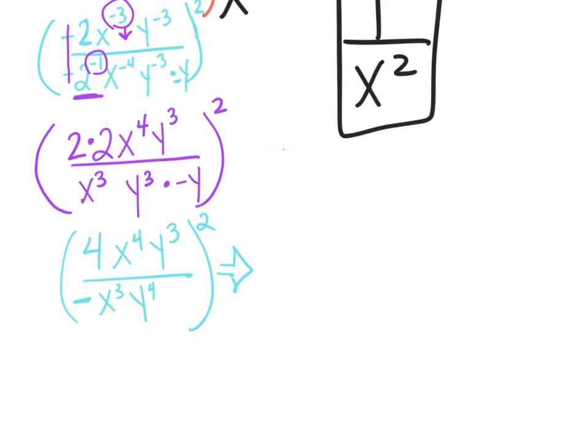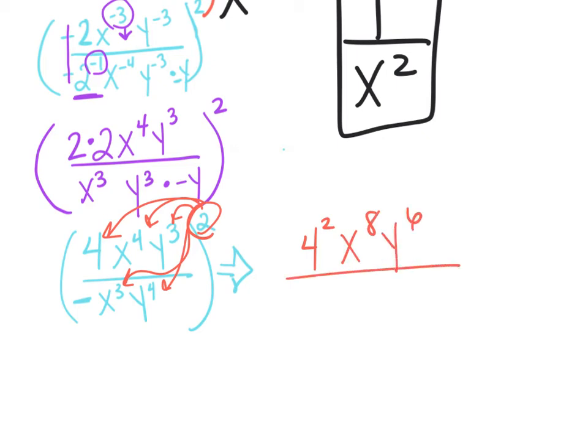So, moving on, if I distribute this 2 to every single term, I have 4 squared x to the 8th, y to the 6th, over negative x to the 6th, y to the 8th.